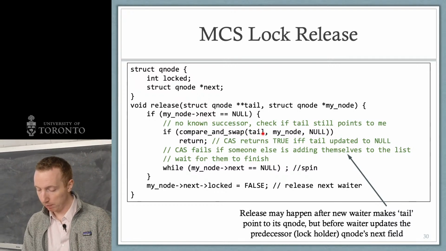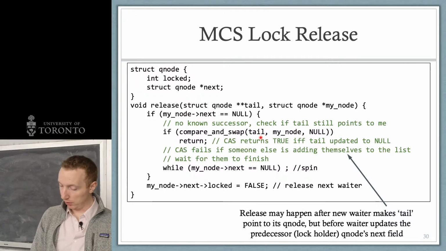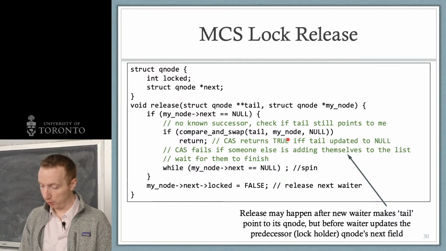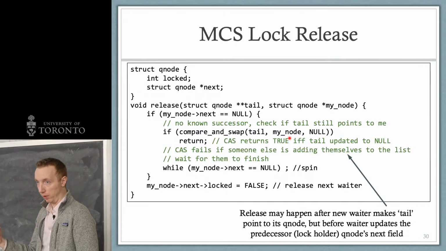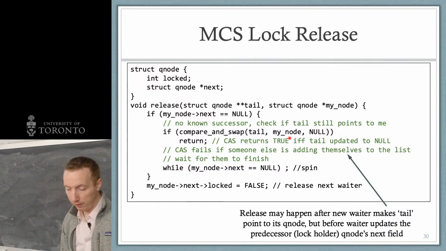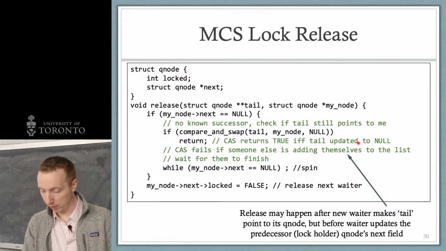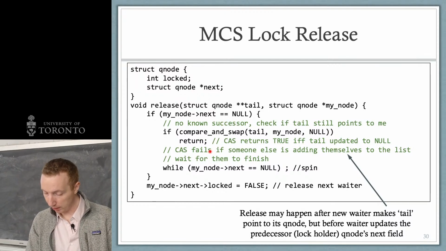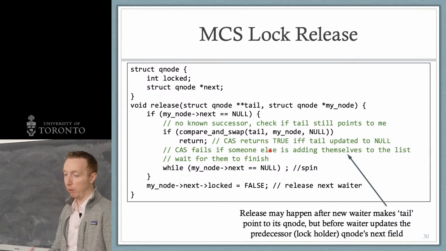So I do the compare and swap, trying to change the tail from my node to null. I know the tail's pointing to me, so I want to change it to null. If it returns true, that means I've updated that tail to null, and I don't have to do anything. If it fails, then someone else added itself to the list. I have to wait for them to finish.